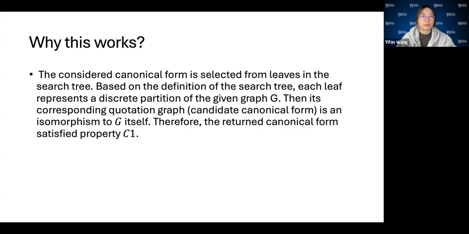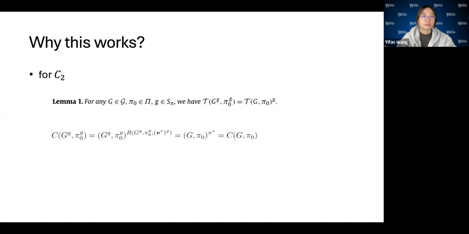Then its corresponding quotient graph, which is the candidate canonical form, is isomorphic to itself based on the property. Therefore, the returned canonical form must satisfy the property C1. For C2, from lemma 1, we have the following relationship, which is exactly the property of C2.